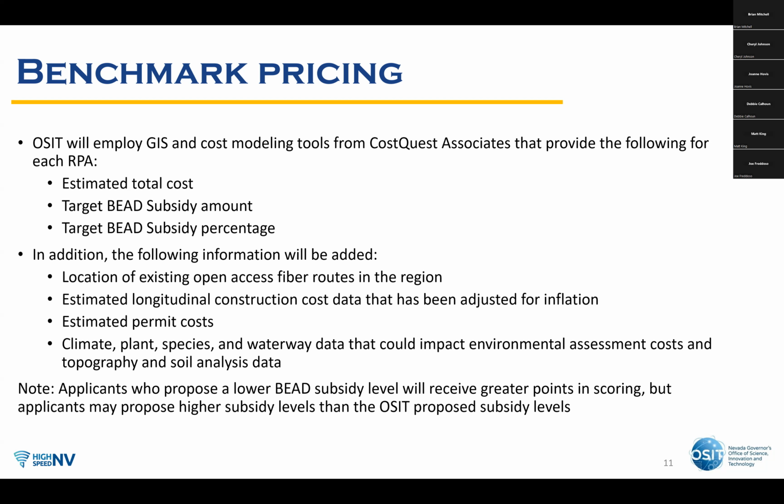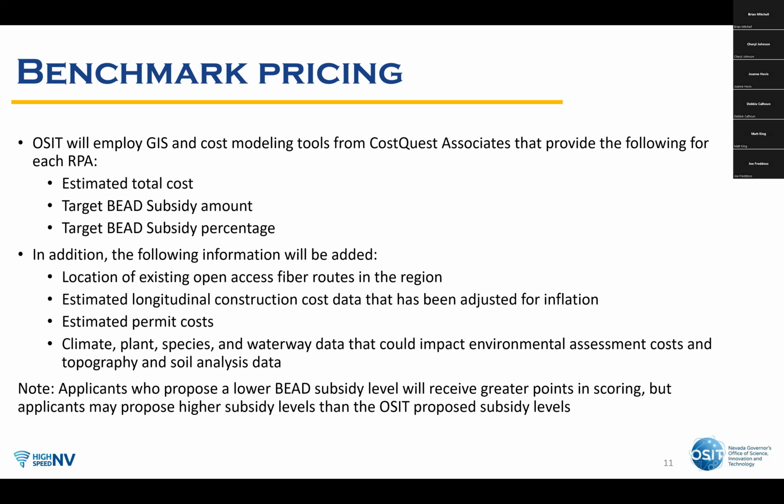And the way it will work effectively is that benchmark scoring will be established for each RPA. And hypothetically, let's say that for RPA X, the benchmark scoring will be Y dollars. An applicant that proposes lower than that amount will get greater points in scoring.